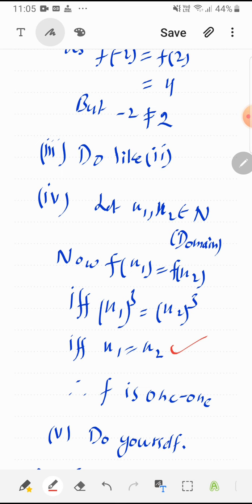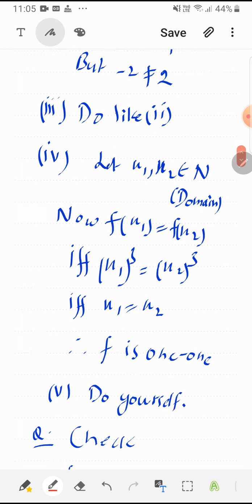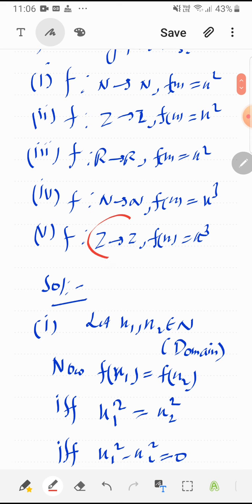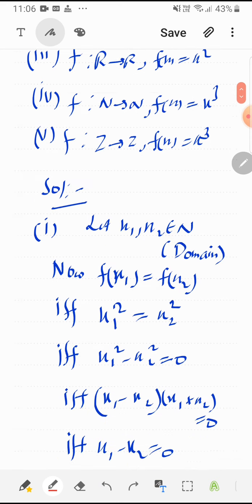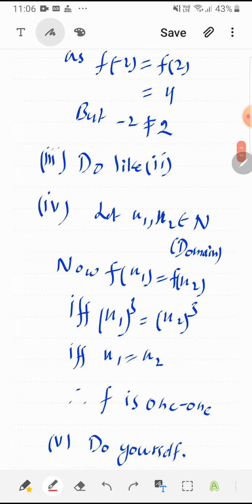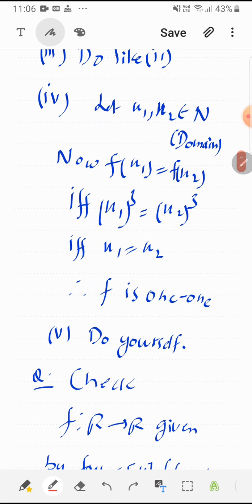So we can take the cube root and we are left only with x1 is equal to x2, which is the required proof that f is one-one. The fifth part again we can do ourselves, no problem, because only Z to Z is a change and there is no change in the method. So the same steps will be repeated.